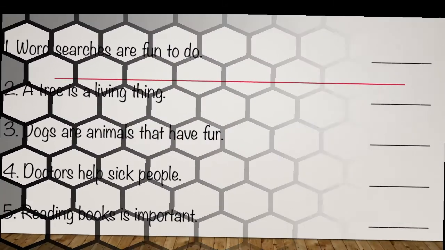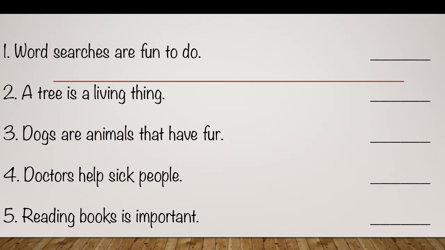One more page. Let's see. Word searches are fun to do. You know, when we give you during the activities some word searches when you have to search for the words in the box. Well, those are called word searches. Word searches are fun to do. Is it fact or is it opinion? It's an opinion. Not every one of you likes to do it, right?